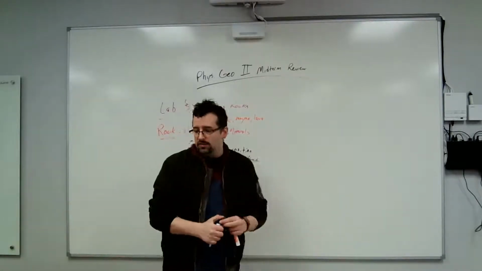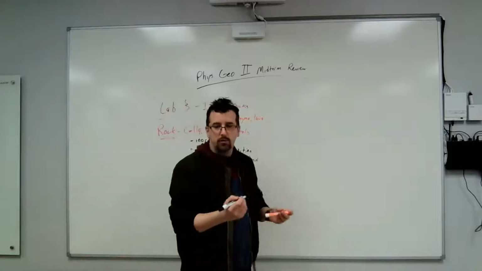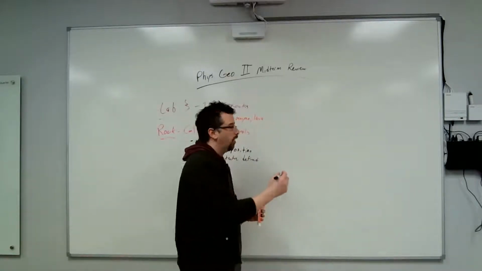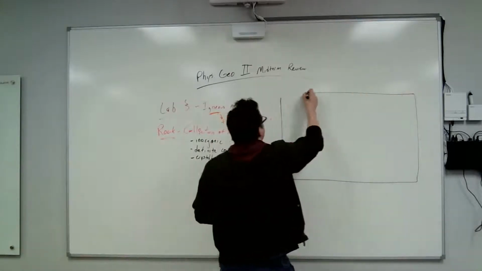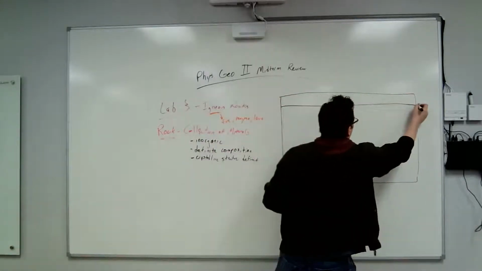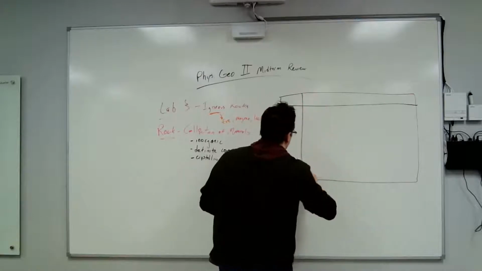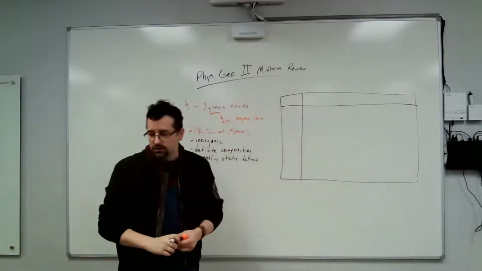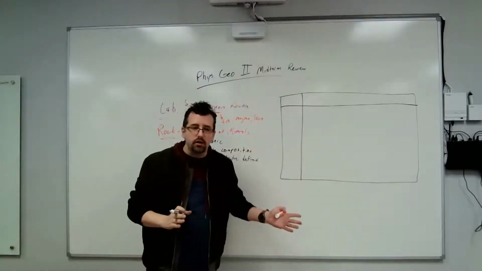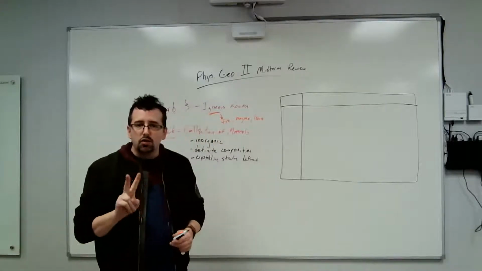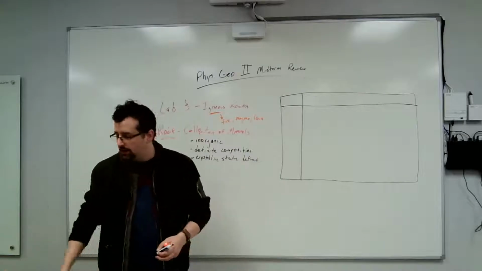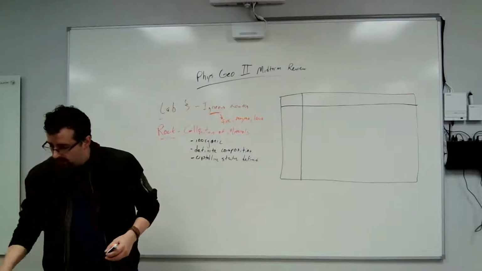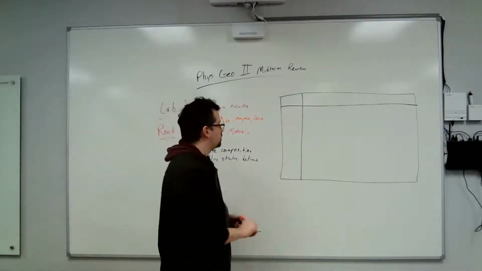So if you were in my class, those of you watching are from my class, you will recognize what I'm about to draw. So we will have a chart. This is going to be making a classification chart, okay? Because there are two ways you classify igneous rocks, and that is texture and composition.